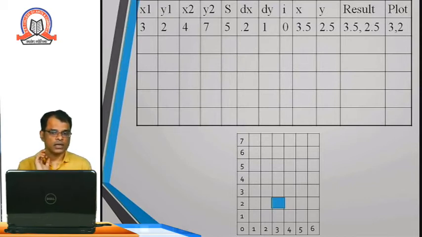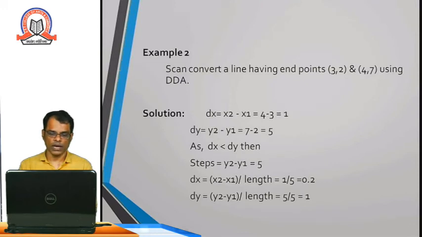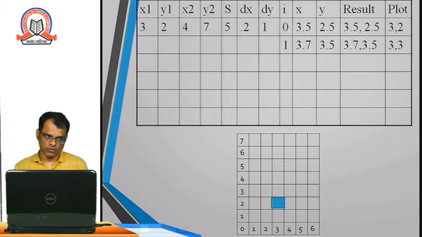Here the incrementing values we calculated are 0.2 and 1. So after this step we have to increase x by 0.2 and y by 1. So these are the new values. In the first loop of the for loop, we increase x by 0.2 and y by 1.